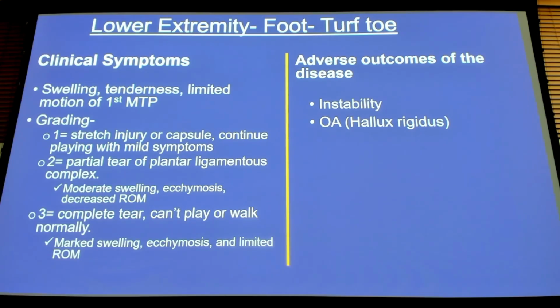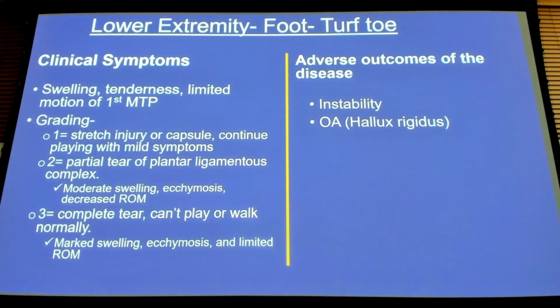Okay? Is it important for you to know which grade is what? Depends on who you ask. If you ask me, I'm going to say no, right? Just have a general idea of the extent of the injury. Okay. Let the patient tell you, or let the patient's condition help you with your diagnosis.